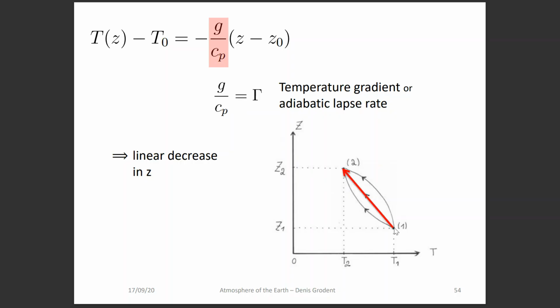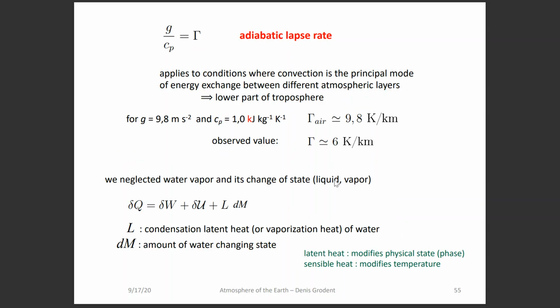So we went from a higher temperature in the lower atmosphere, and when we increase the altitude, we notice a linear decrease in temperature. When we approximate this adiabatic lapse rate with the value of gravity and the Cp, we get 9.8 Kelvin per kilometer.